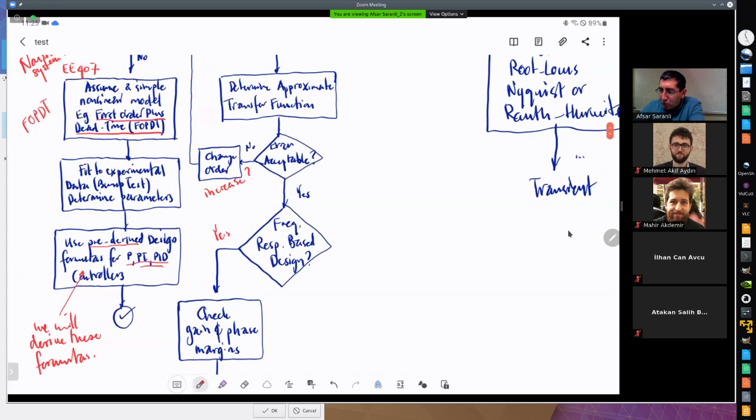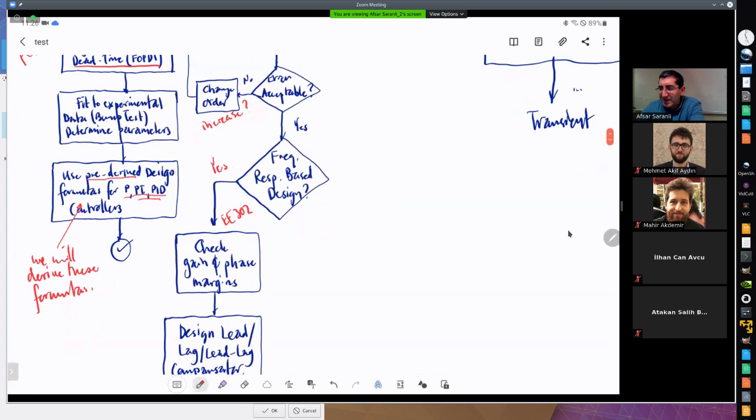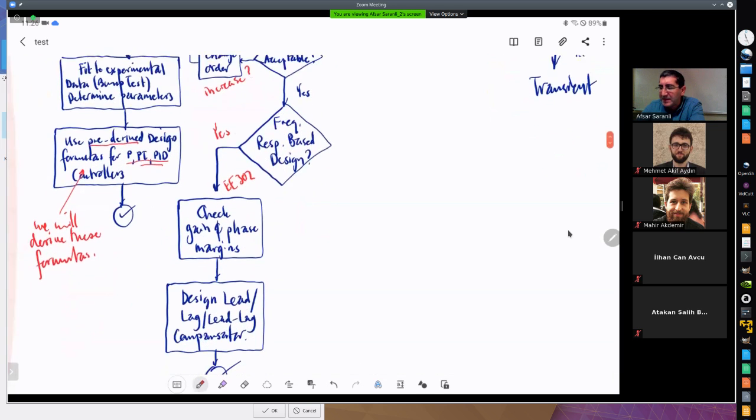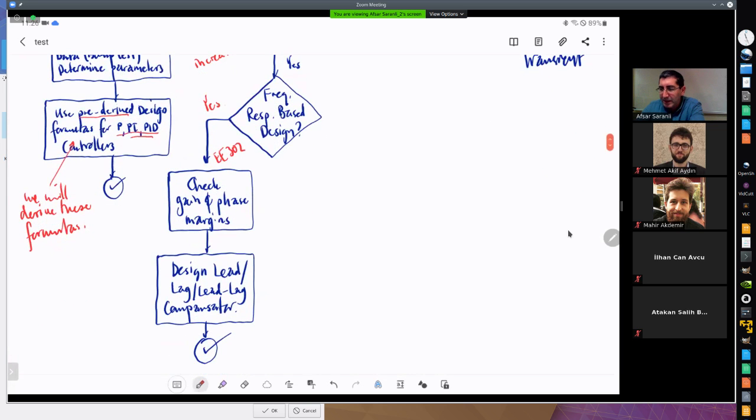If you want to apply a frequency response based design, you again go to the 302 domain. That means you can check the gain and phase margins of the system based on the approximate frequency response. And we have learned that we have tools like lead compensator, lag compensator, lead-lag compensator that will change the gain and phase margins of this system.